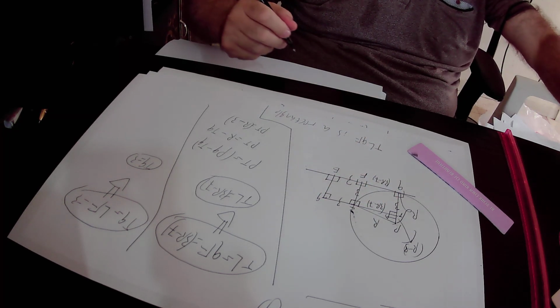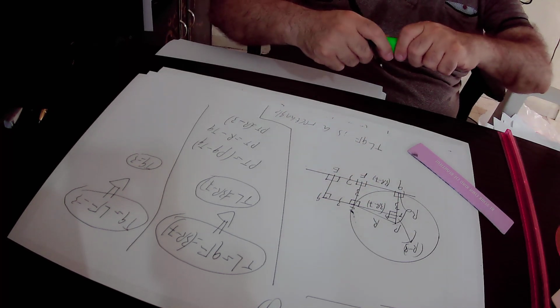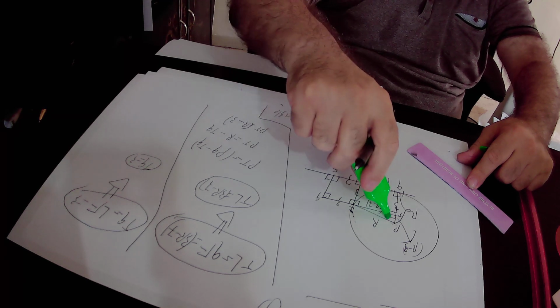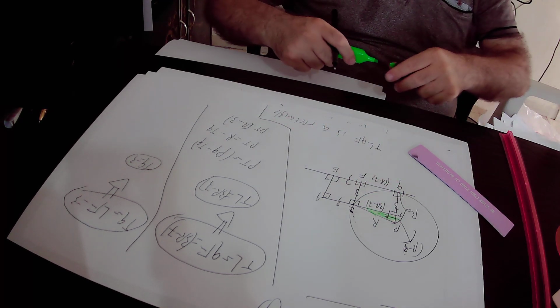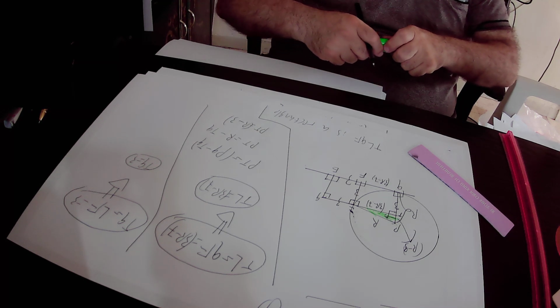In the next step, we'll implement the Pythagoras theorem on the right green triangle, triangle PTL.